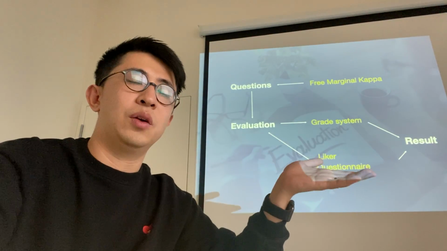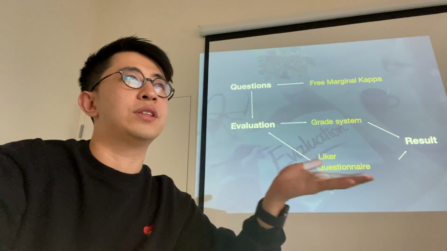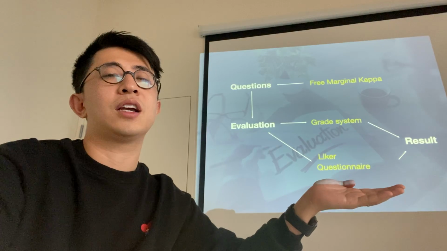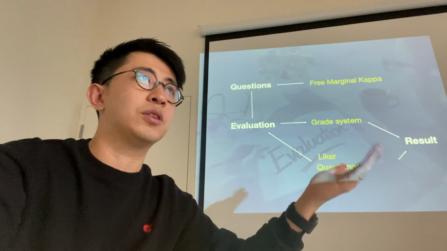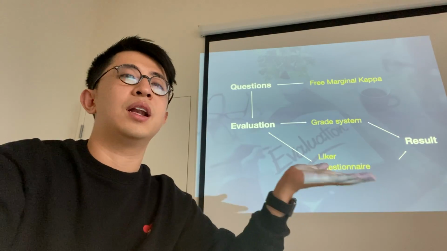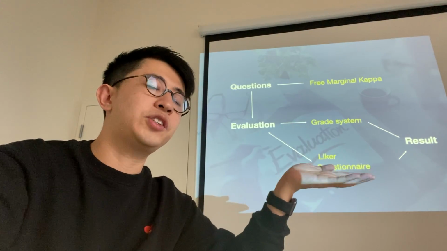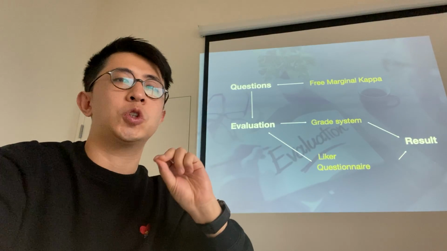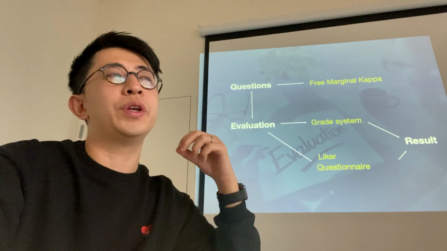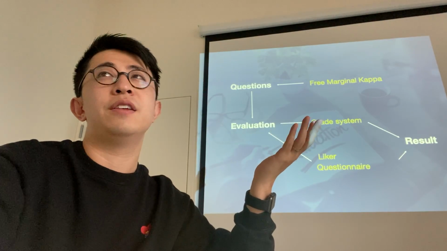Then we use a standard grading system to do the evaluation, so that it always comes out with the same standard result. And then we use a Likert questionnaire to ask all the annotators whether they are doing well during the evaluation task.